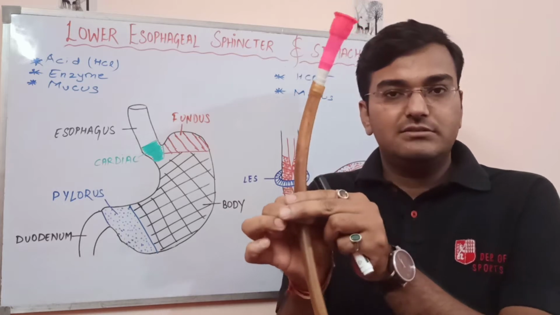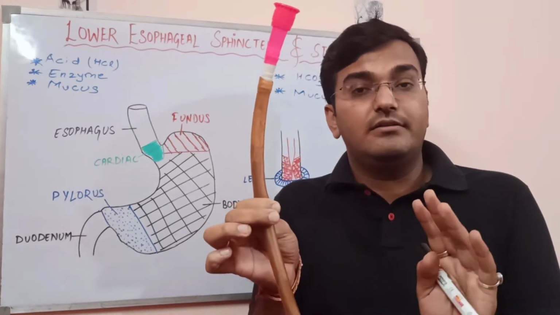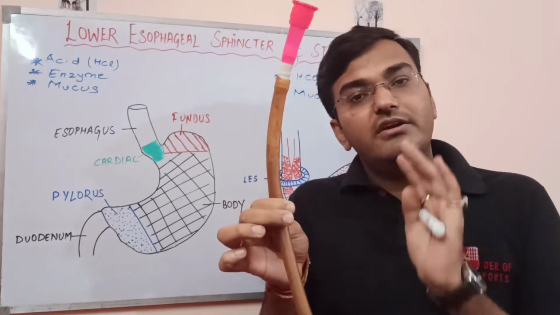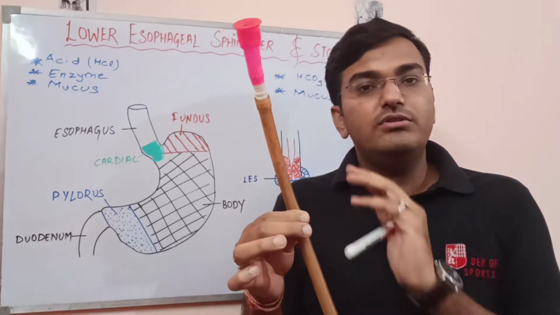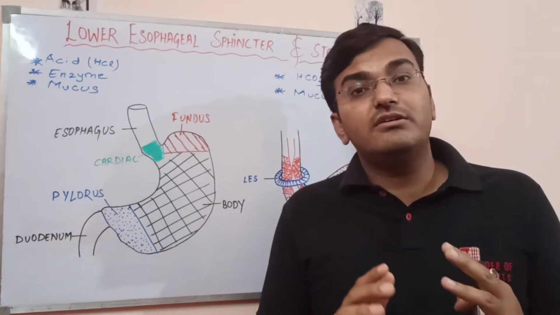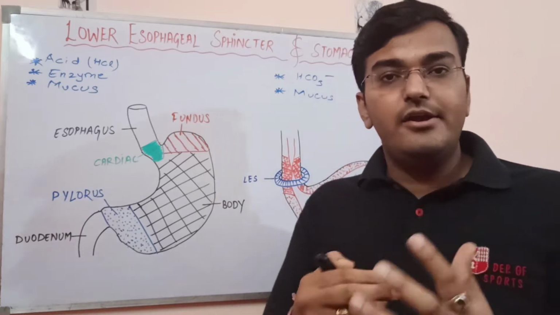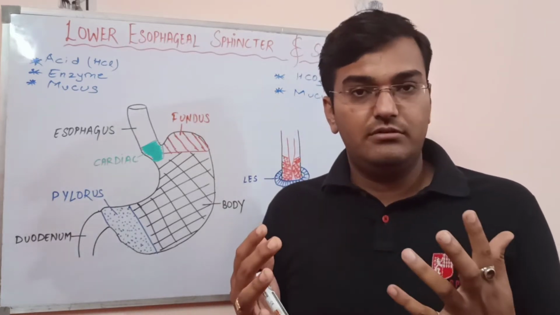If it contracts, it prevents up and down movement of anything. Similarly, if it relaxes, it would allow the flow up and down. So do not confuse it with valves. Yes, its functioning is like the functioning of a valve.